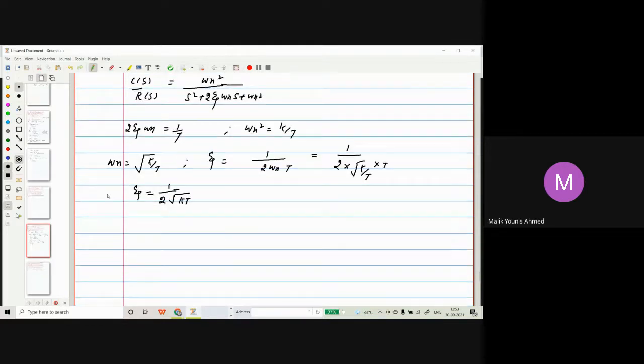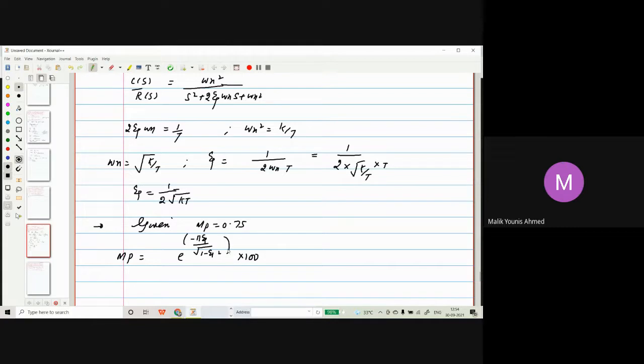Fine. From this problem, it is given that the overshoot has to be decreased. First, the overshoot MP is 0.75. The formula of MP is e raised to the power minus pi xi divided by under root of 1 minus xi square, multiplied by 100.